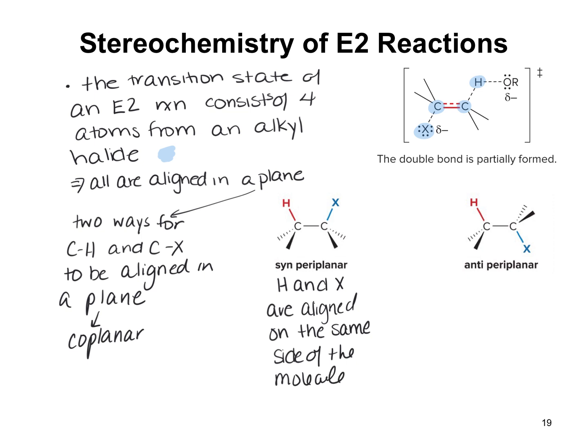Then you can also have an orientation where the hydrogen and the halogen are aligned on opposite sides of the molecule.